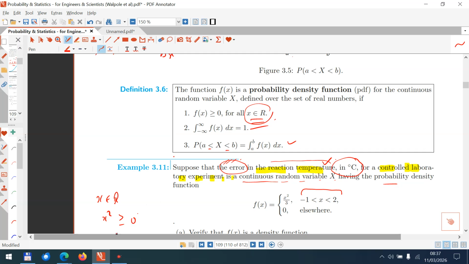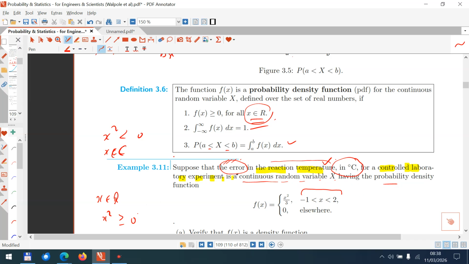Tell me. If I want to say that x squared can be negative, what must be the case? X must be complex, right? An imaginary number. Because we know x is real here.